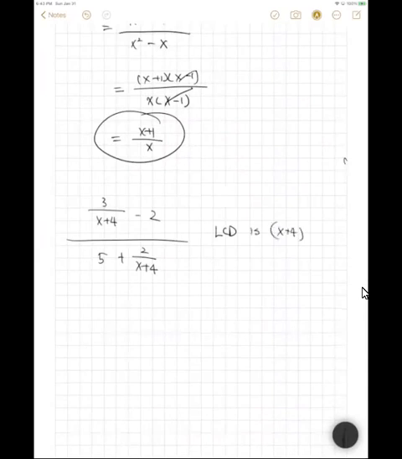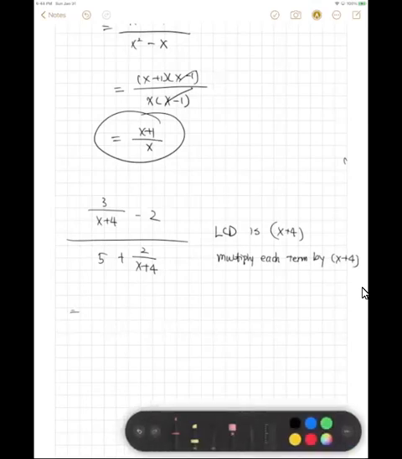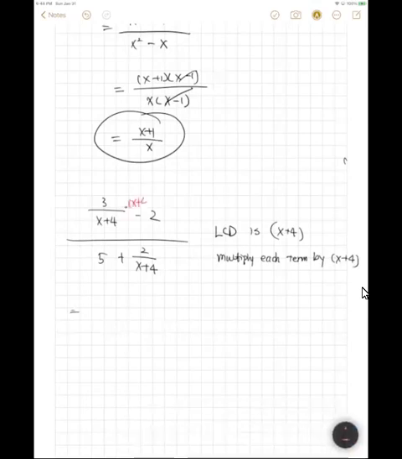So that means I want to multiply each term by x plus 4. So, okay, I'll just go ahead and do it here. X plus 4 times each term.